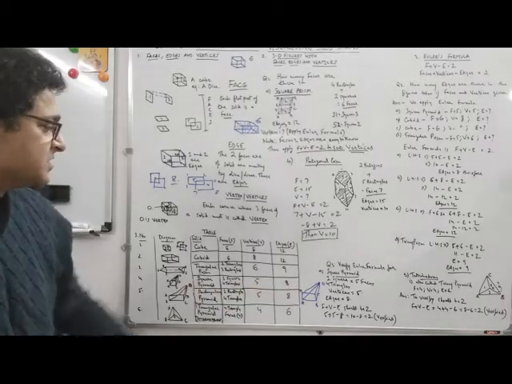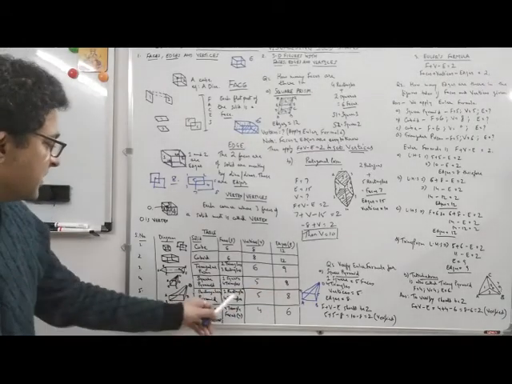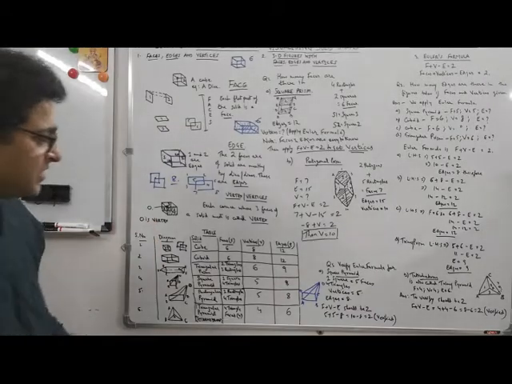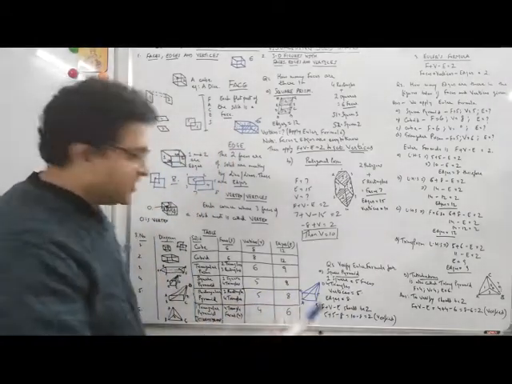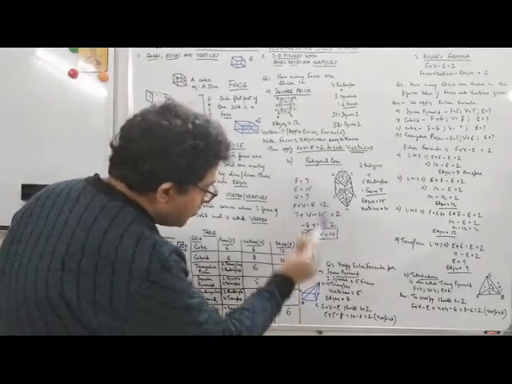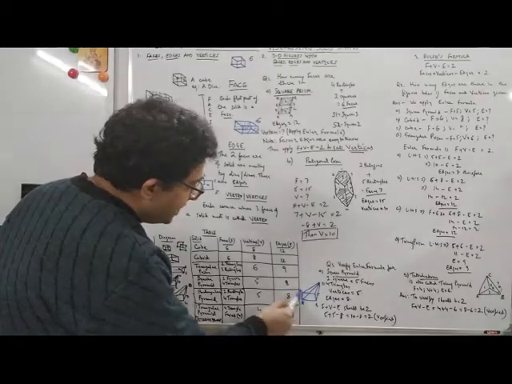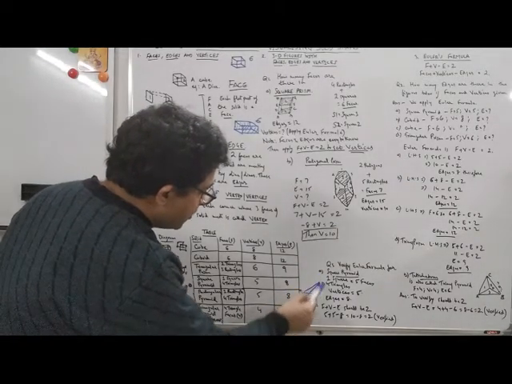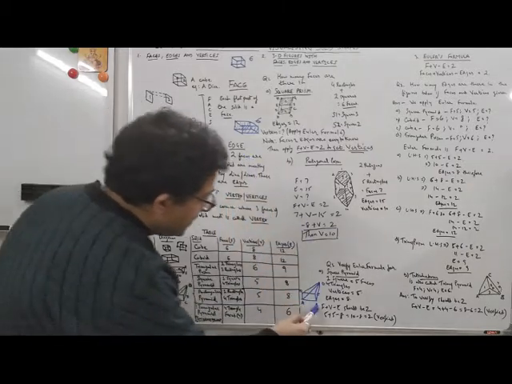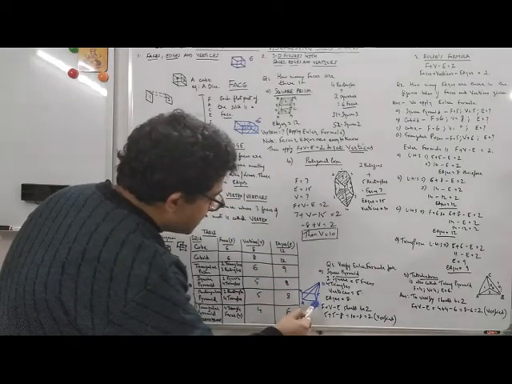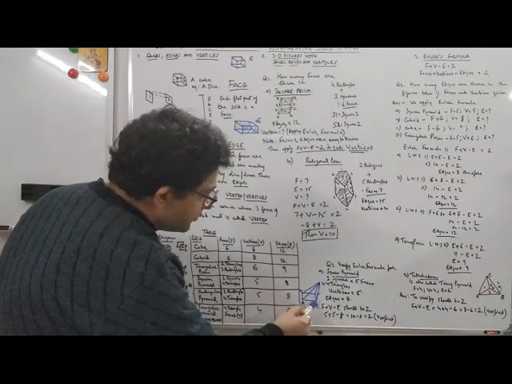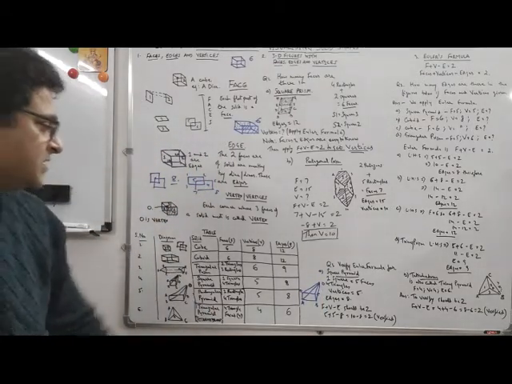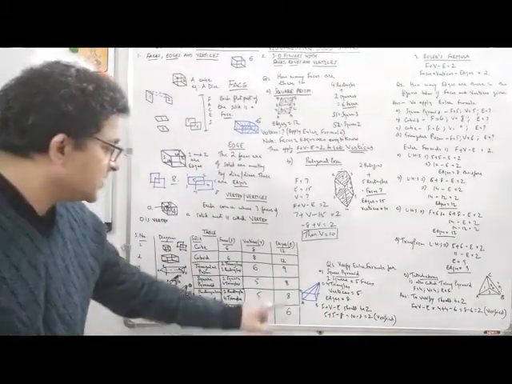And how many faces are there? You see, there is one rectangle and how many triangles? 4 triangles. Simple. Which are the 4 triangles? ADO, then ABO, then BCO, and the 4th one, DOC.